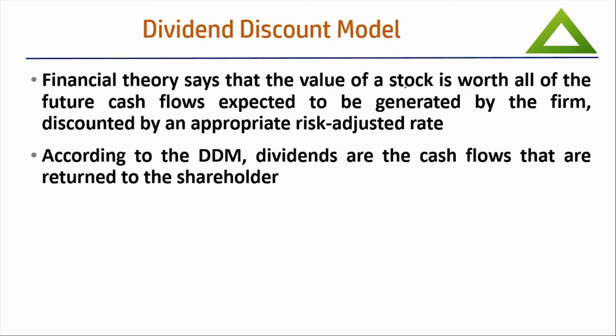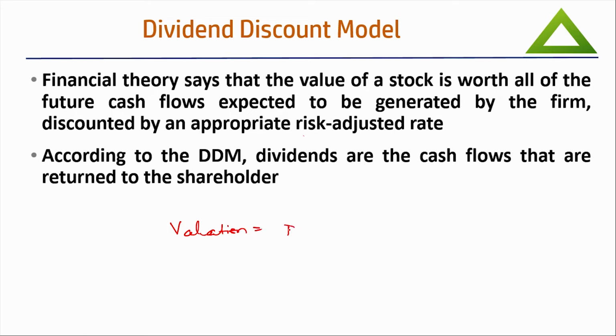Okay, so financial theory says that the value of a stock is worth all the future cash flows expected to be generated by the firm, discounted by an appropriate risk adjusted rate. Now these are the only things which nobody knows in this market. So first, you have to estimate future cash flow. Before we move further, what is called valuation?